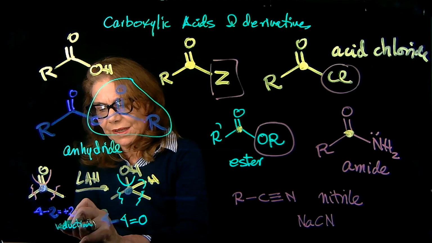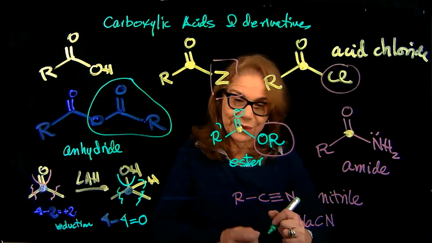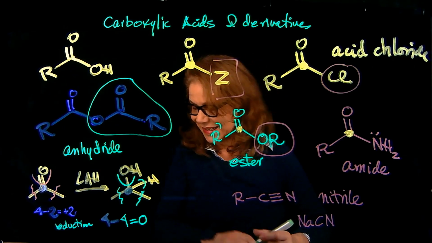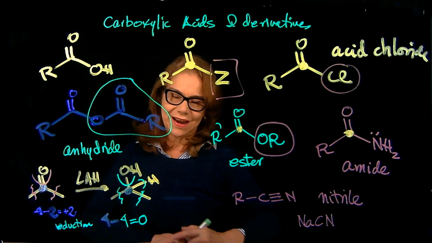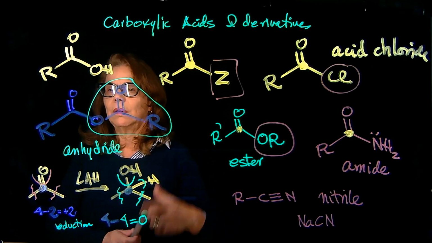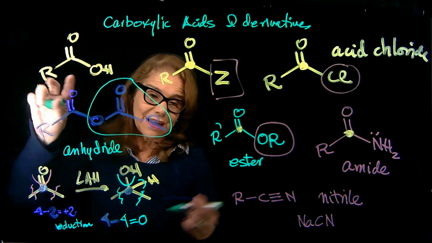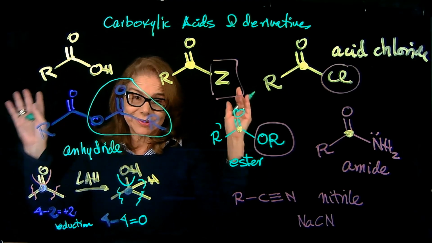And doing that recap in oxidation number to understand what's going on with carboxylic acid and derivatives. So let's do one oxidation state here, that could be acetic acid, or anything, where R means that it is a carbon chain.